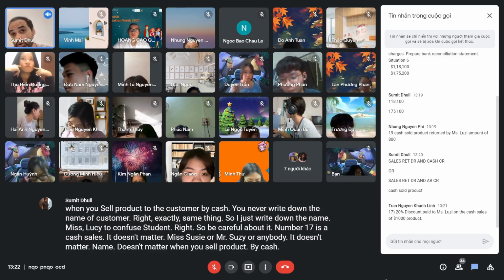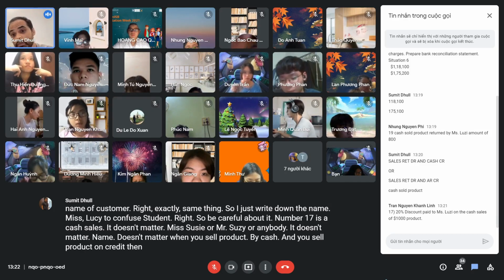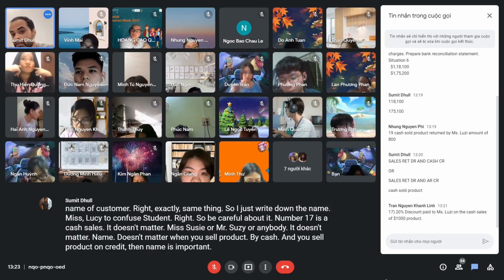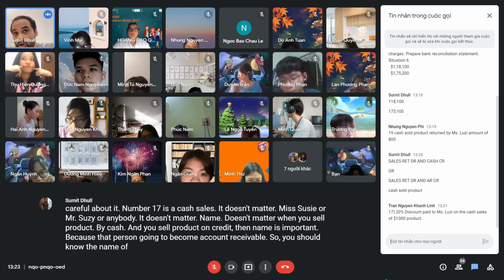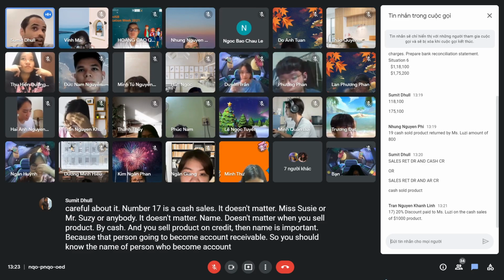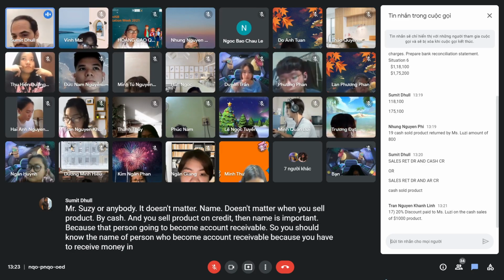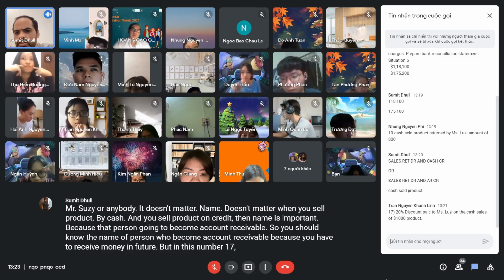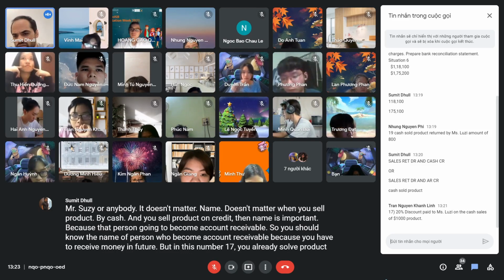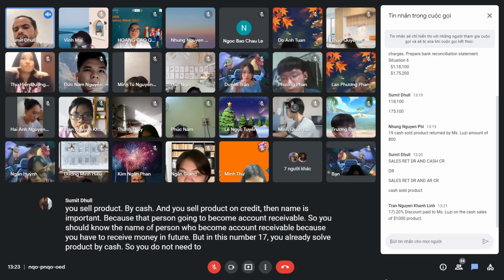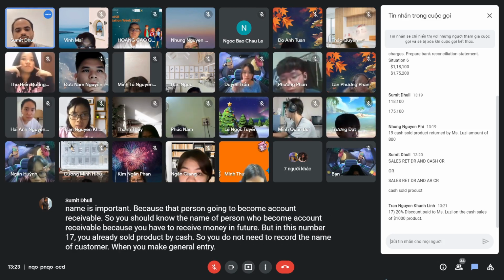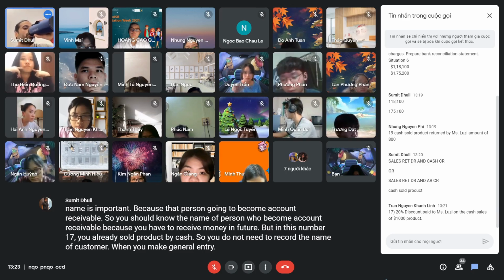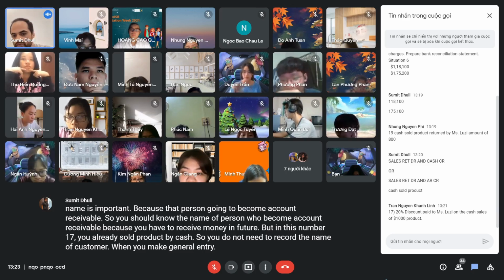When you sell product on credit, then the name is important, because that person is going to become an account receivable. You should know the name of the person who becomes the account receivable, because you have to receive money in future. But in number 17, you already sold product by cash, so you do not need to record the name of the customer when you make the journal entry. Is that okay, number 17?